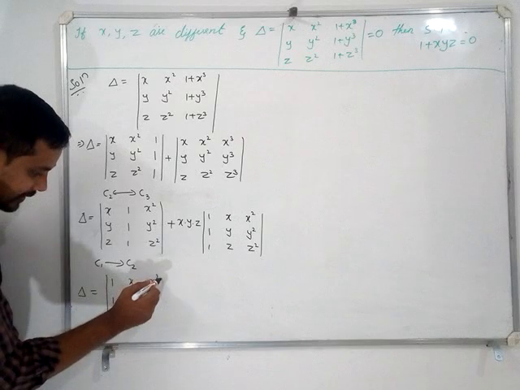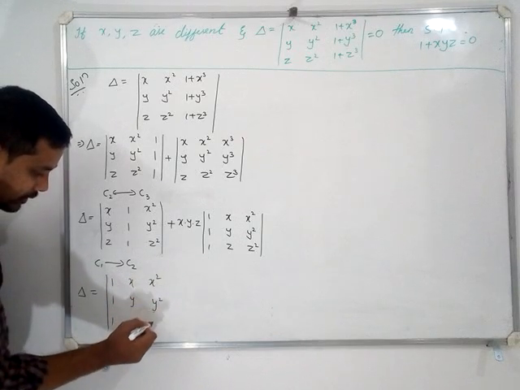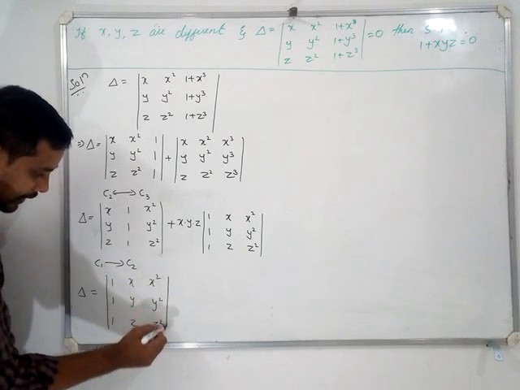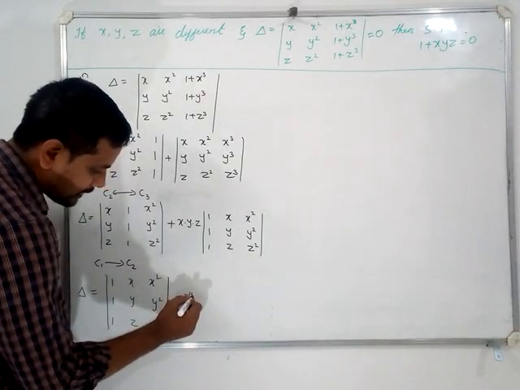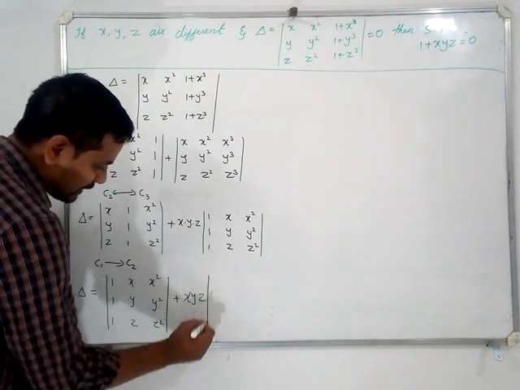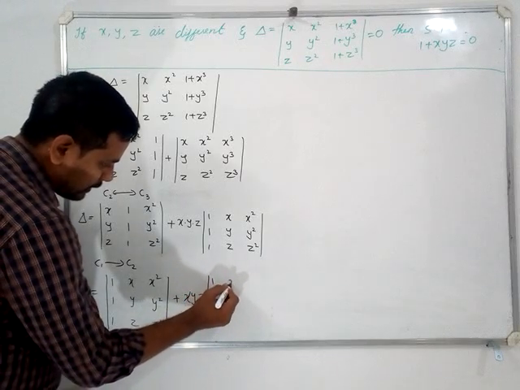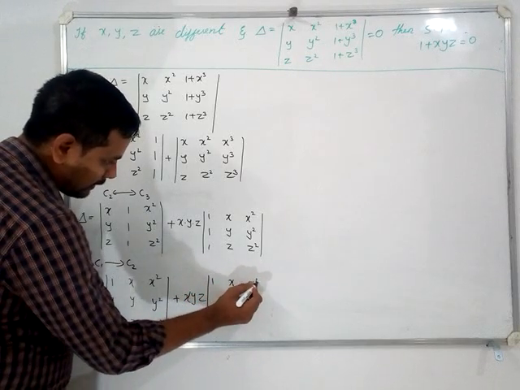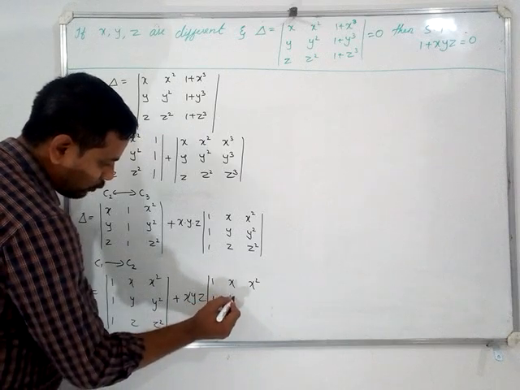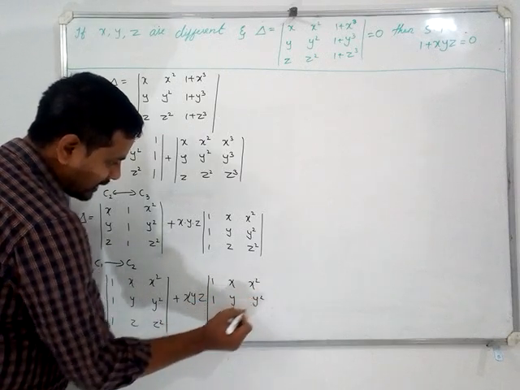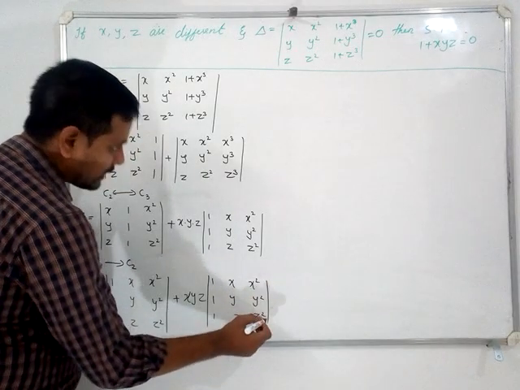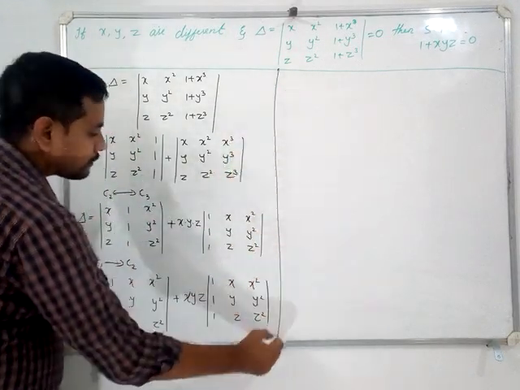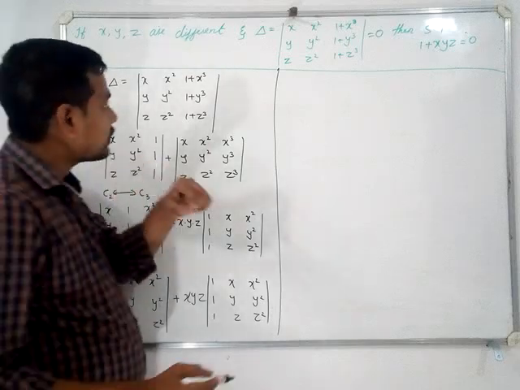The remaining column remains as it is, x square, y square, z square, plus xyz times the determinant with 1, x square; 1, y square; 1, z square, with x, y, z as they are. Okay, so this is how it will change.